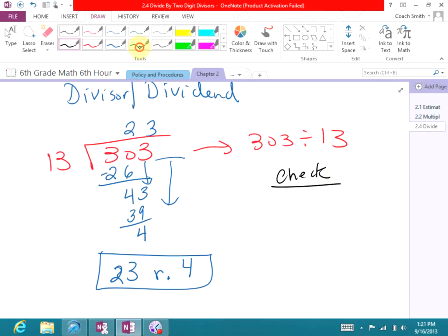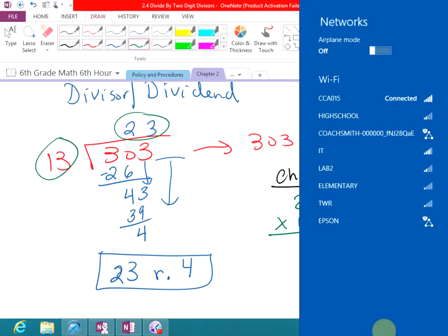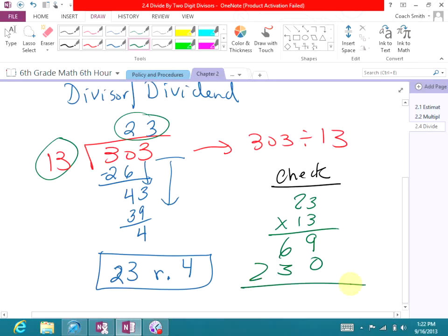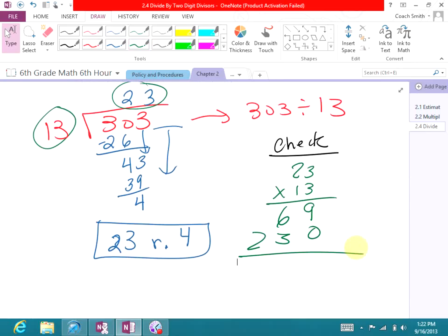To check your work, you would simply take this, 23 and 13, and multiply them together. Okay? 23 times 13 would give me 9 and a 6, bring down my 0, a 3 and a 2, and that would give me 299. And you're going, well, that's not the answer.